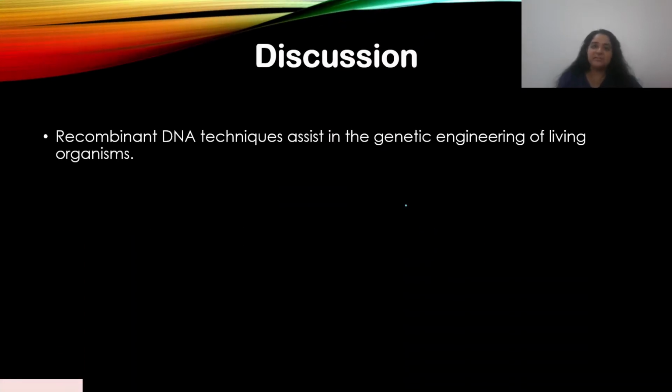So what are the steps that are applied in genetic engineering? Recombinant DNA techniques assist in the genetic engineering of living organisms, like inserting a foreign gene into a vector and then putting it into a host. There are different steps required, right? First is identifying the gene of interest, then isolating it, and then identifying the ideal vector for it, and then identifying the ideal host for it, so that eventually the protein is produced.